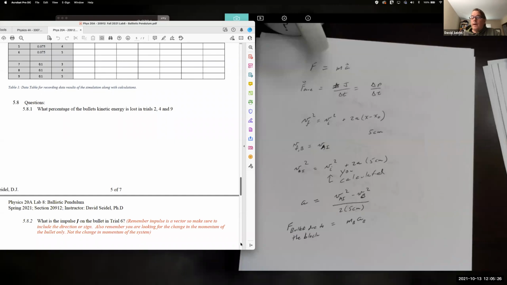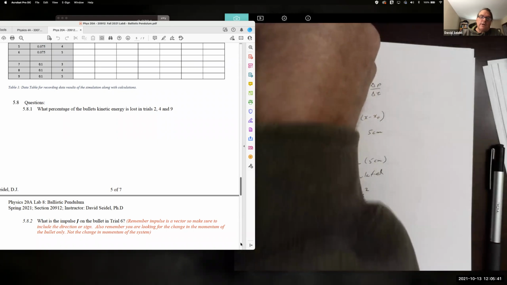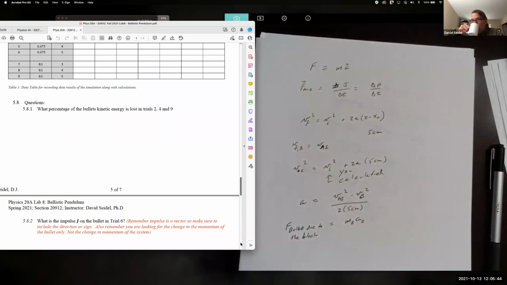Right? Now, what does Newton's third law tell us? The object stays at rest until another object acts on it. That's Newton's first law. What does Newton's third law tell us? What about the mass of the block? The mass of the block isn't 0.